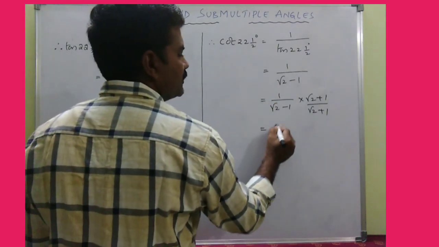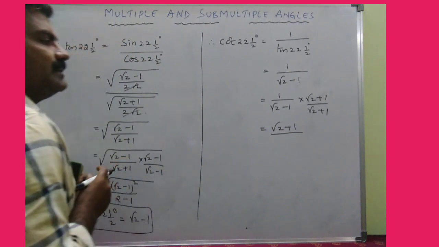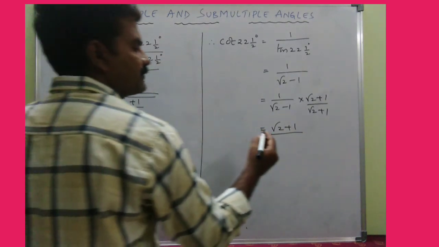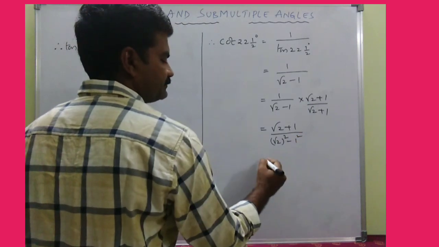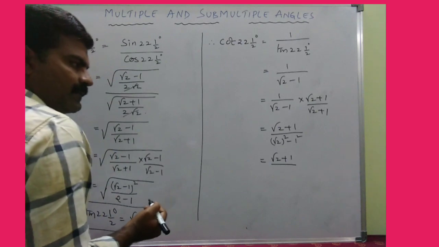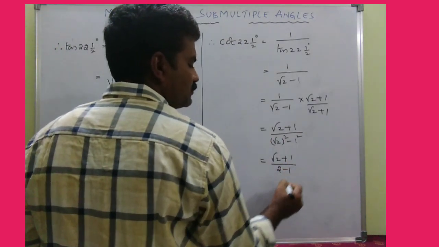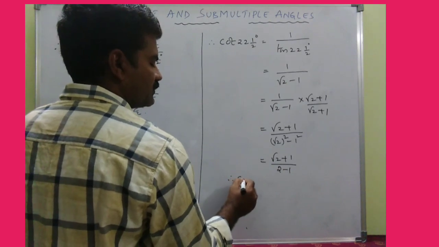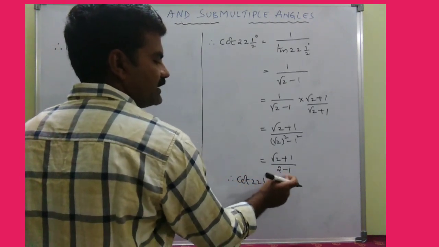Hence the numerator is root 2 plus 1, and the denominator is once again (a plus b)(a minus b), so a square minus b square, which is 2 minus 1. Therefore cot 22.5 degrees is equal to root 2 plus 1, since the denominator is 1.